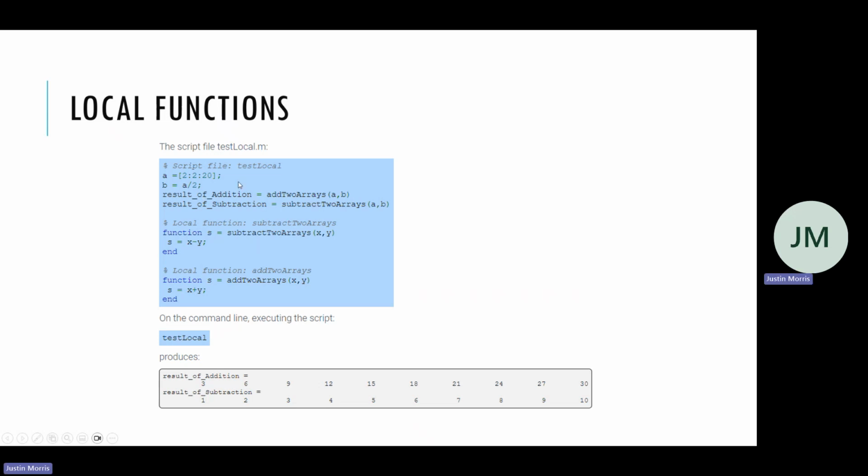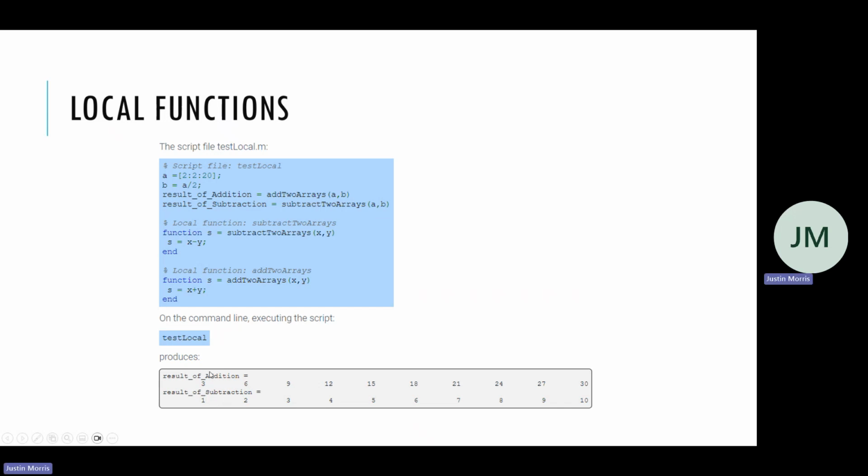And then here on the script, we have A and we have B. So this is just 2, 4, 6, 8, right? Up to 20. And then B is just going to be 1, 2, 3. So then adding the two, I get 3, 6, 9, right?